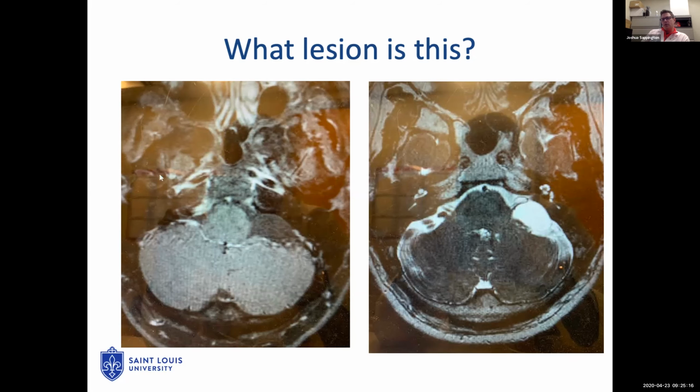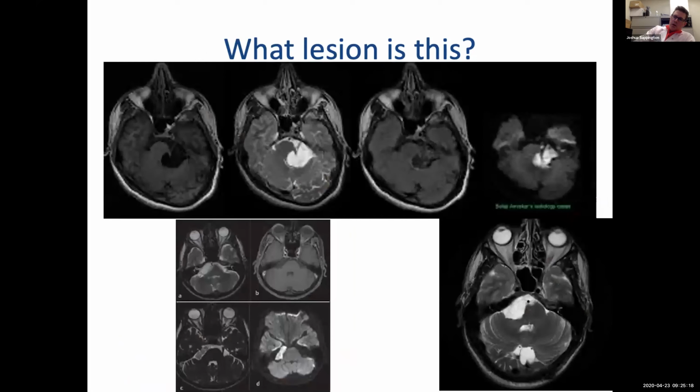If it's not CSF, it will light up. And so what you want to have is an imaging series that contains a DWI if you're concerned about an epidermoid. Epidermoids are basically nothing more than an intracranial cholesteatoma. They're intracranial lesions that develop secondary to embryologic development.